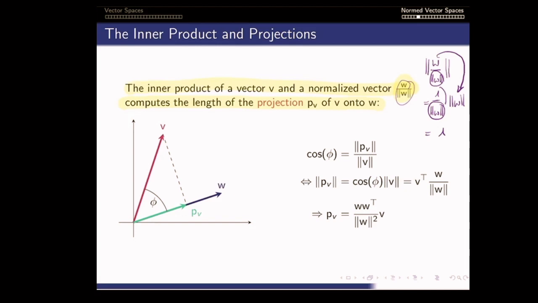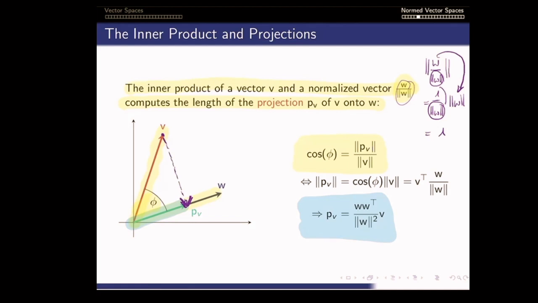So for example, here we have the two vectors w and v, and the vector PV. This vector is the projection of v onto w. The definition of the cosine of phi, which is this angle, is equal to the norm of PV divided by the norm of v.